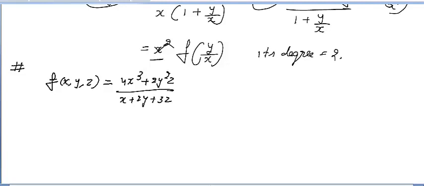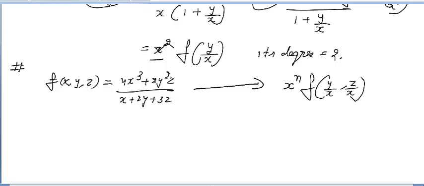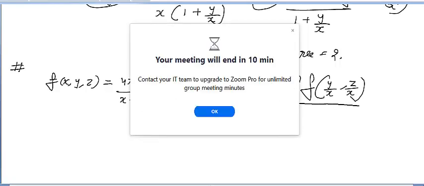If you are able to convert it into x raised to power n times f, where f depends only on y over x or z over x, in those two variables, then it will be homogeneous. Very simple: if you are able to convert this function into this form, then it will be homogeneous.